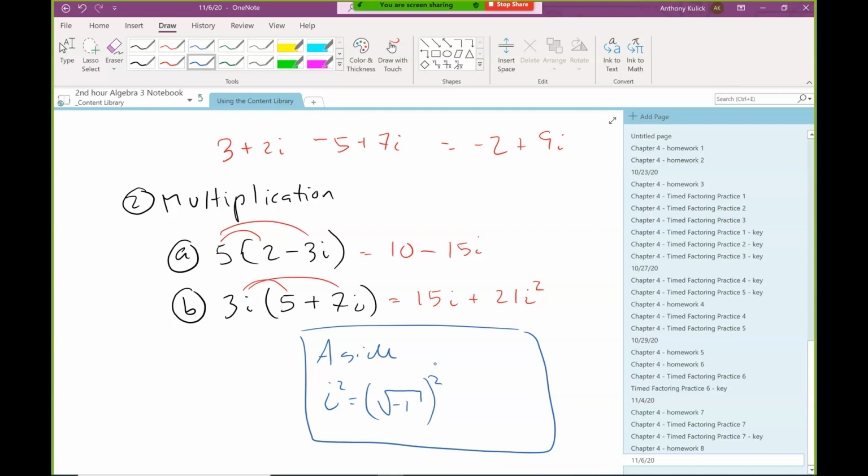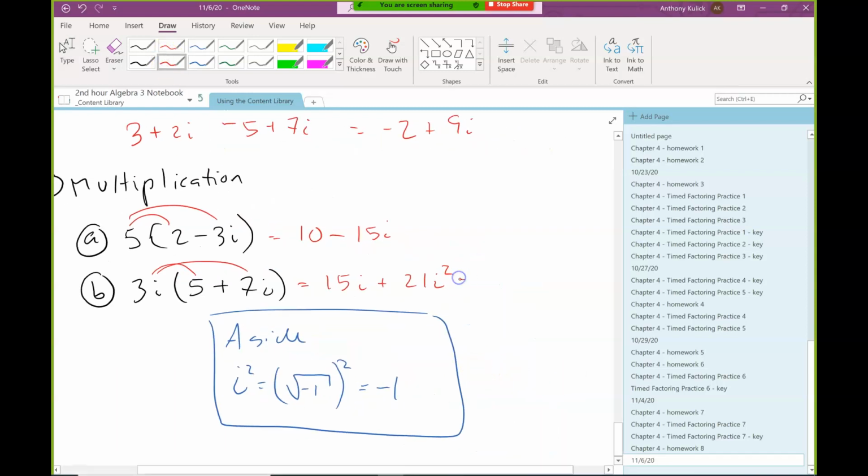So we should keep going here on this previous problem, and replace that i squared with a -1. So really we have -21 plus 15i.